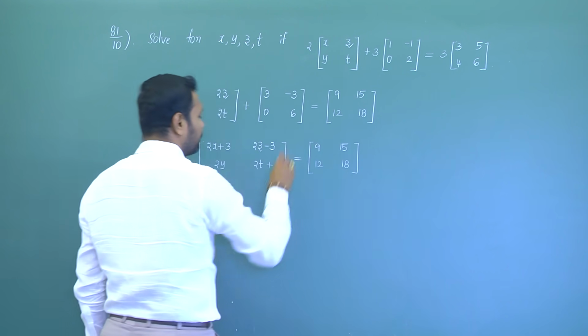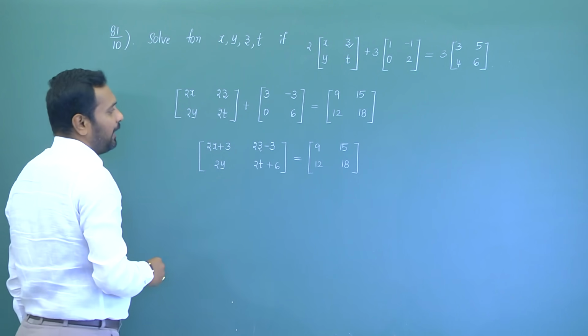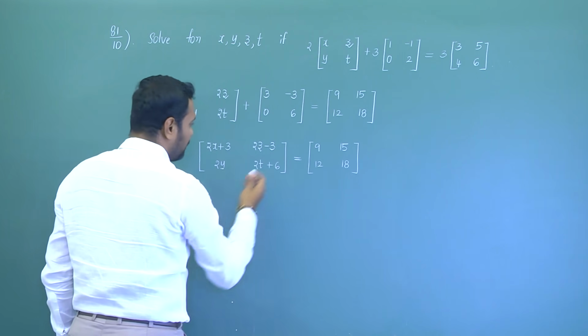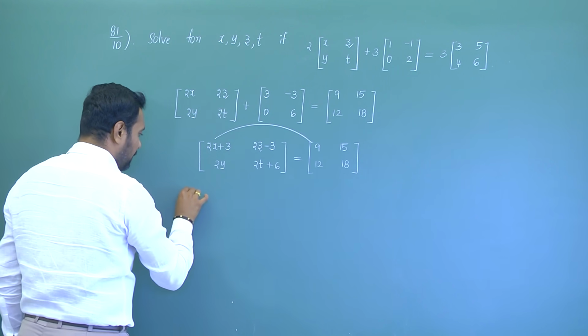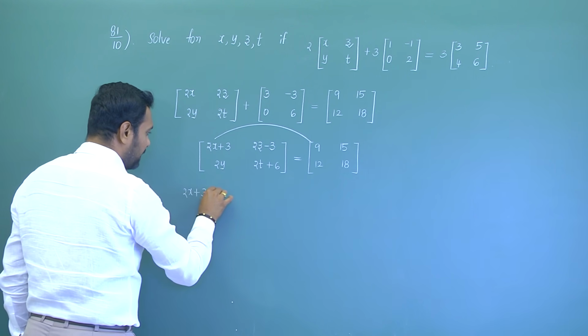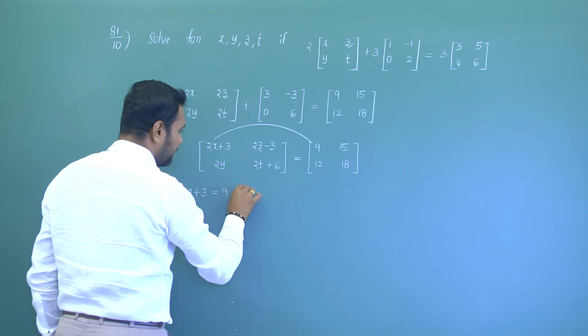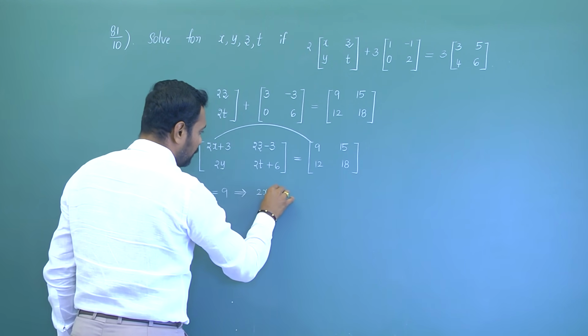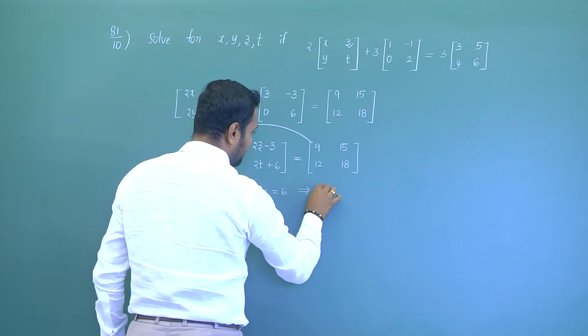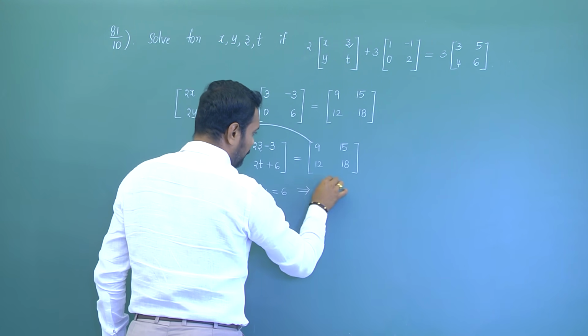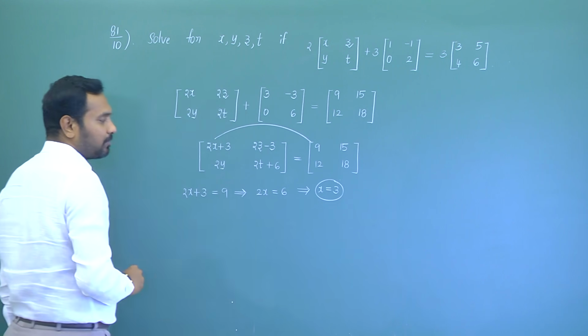If you compare the corresponding elements on both sides, then first row, first column, it is 2x plus 3 equals 9. This implies 2x equals 6, implies x equals 3.